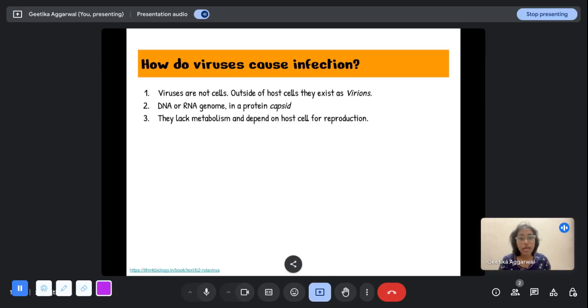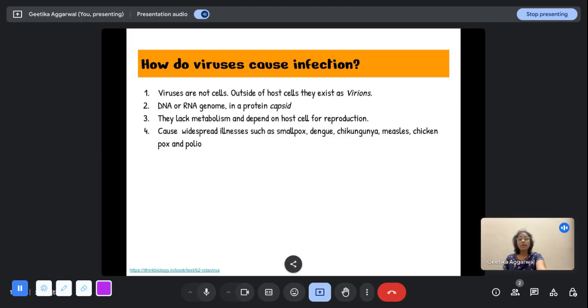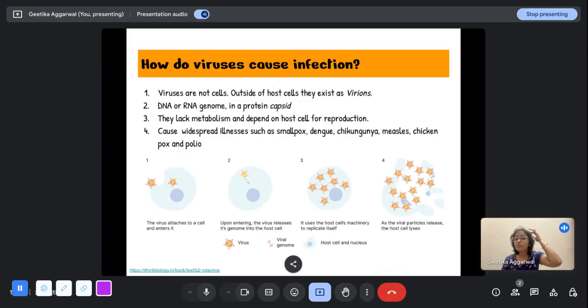They infect living organisms and multiply with the help of other living organisms. So we need to think about whether you would categorize viruses as living or non-living. Viruses are responsible for a lot of widespread illnesses, for example, smallpox, dengue, chikungunya, measles, chickenpox, and polio.